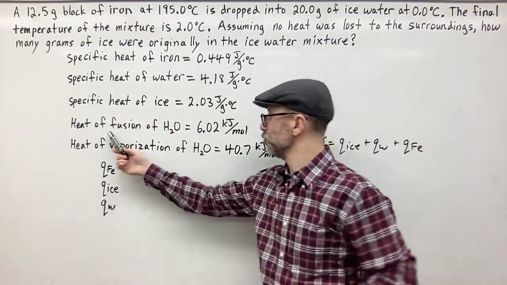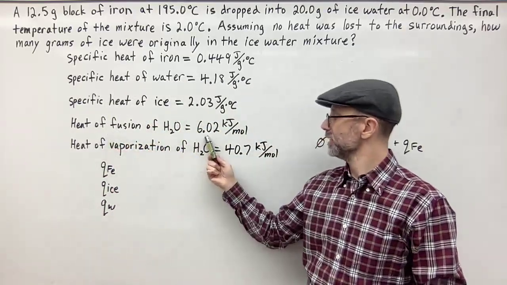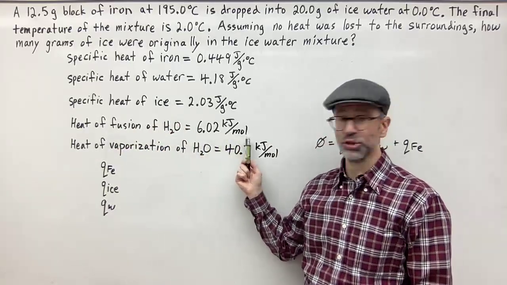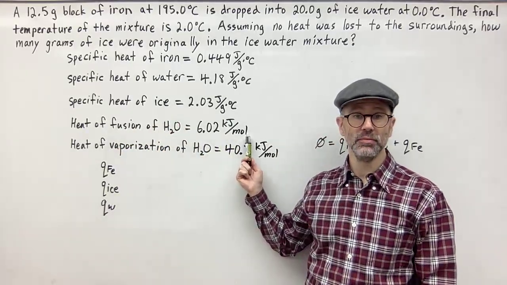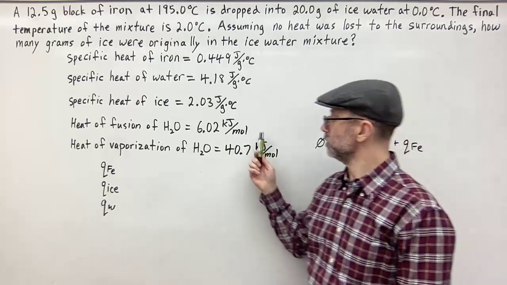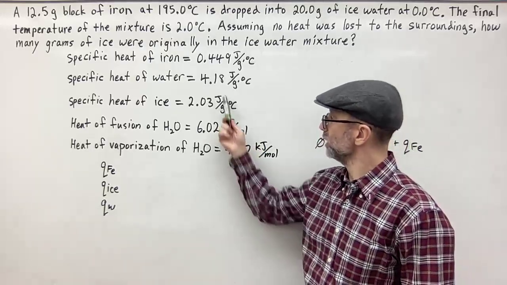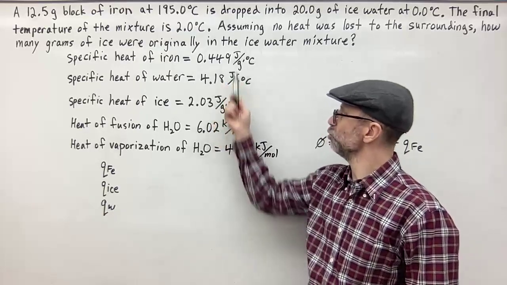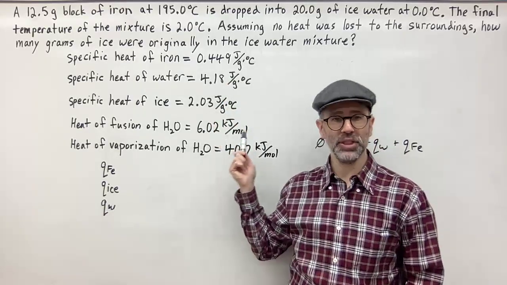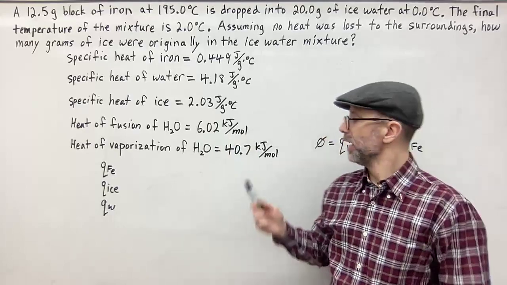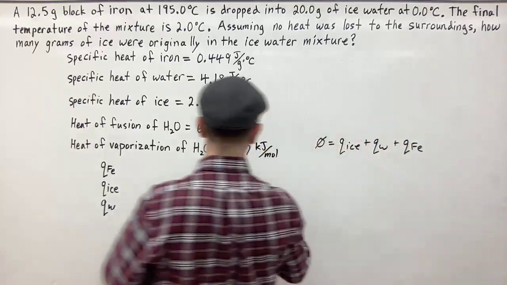So notice the heat of fusion of water or ice is 6.02 kilojoules per mole, right? So notice here that one is in kilojoules, and we have the rest of this in joules. So we probably don't want to leave this in kilojoules, right? So let's go ahead and convert that.